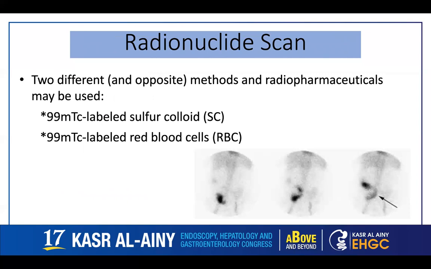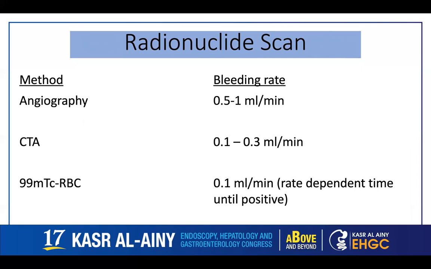The other type of imaging, which is very, very important, is the radionuclide scan. We have two different methods of radiopharmaceutical: technetium-labeled sulfur colloid and technetium-labeled RBCs, which is the one that is very famous and available, actually the technetium-labeled RBCs. This slide, I like it very much.